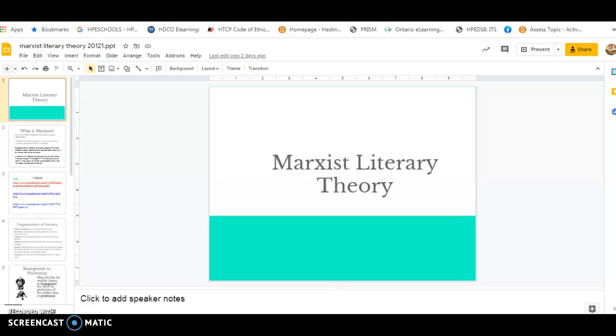And just to give you an idea, we looked at mostly the symbolism of fishes and stars to examine the story or bring meaning to the story, because we were examining it from a formalist approach, which means we're using those symbols and those literary devices to bring about the meaning.